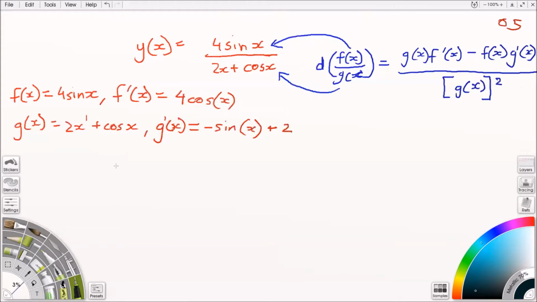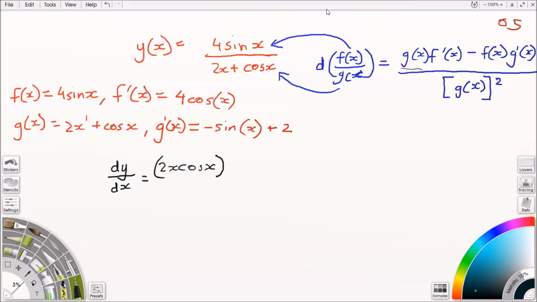We have dy dx equals, so the first term is g of x here. So g of x is 2x plus cos x.